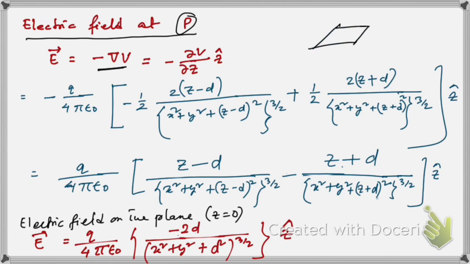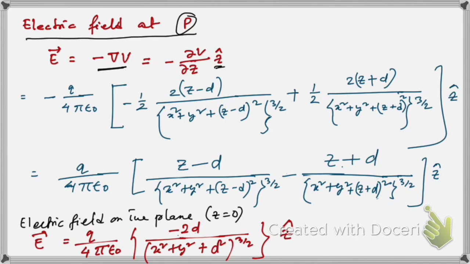If this is the surface and this is the Q, the electric field due to Q is normal to this surface, something like this, in this direction. So the direction of electric field will be perpendicular to this surface only, that means along z direction. That's why I have written here z cap, so I have taken del z here. We don't need to take del x of v, del y of v. So hope you have understood this.